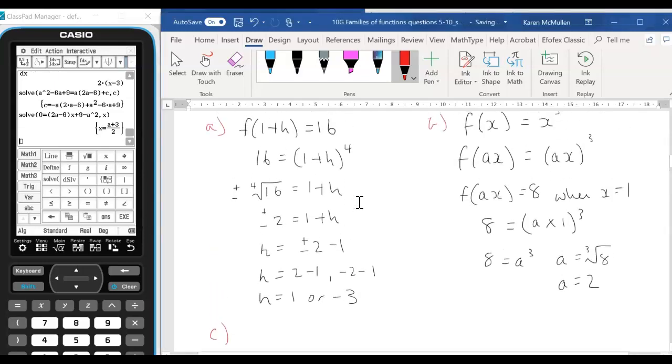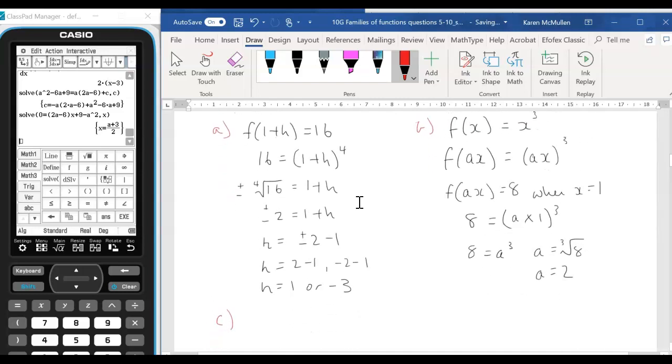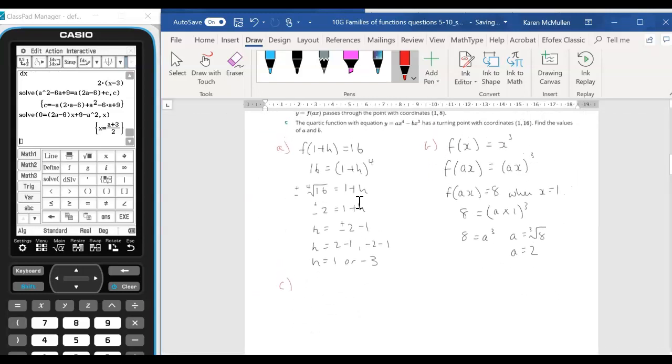I must make it smaller so I can read it. Y equals ax to the power of 4 minus bx cubed, and we've got the point 1, 16 as a turning point, which is the same as a stationary point, so that helps.